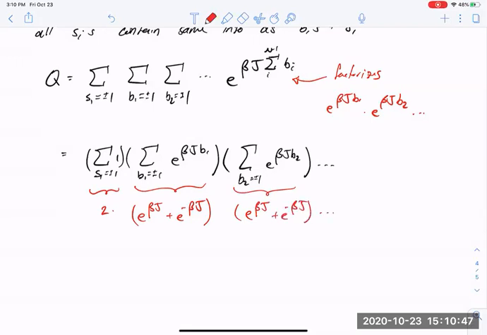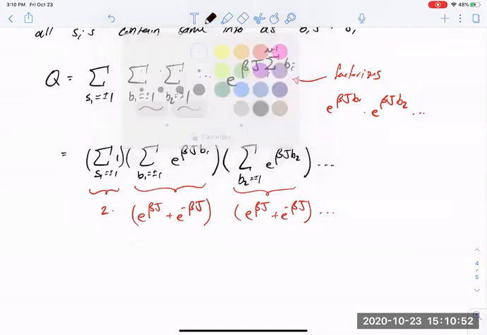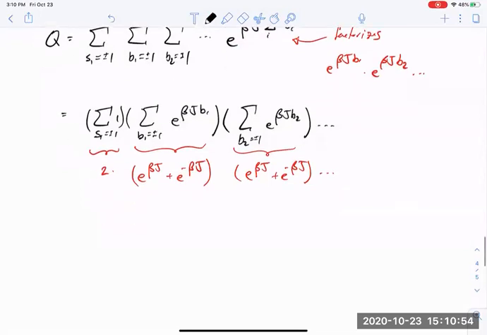Same thing with all of the other partial sums over spin variables. I could write this in a nice compact representation as twice a sum of exponentials with different signs in their arguments, which is the same thing as twice hyperbolic cosine of beta J. And I have n minus 1 factors of that.